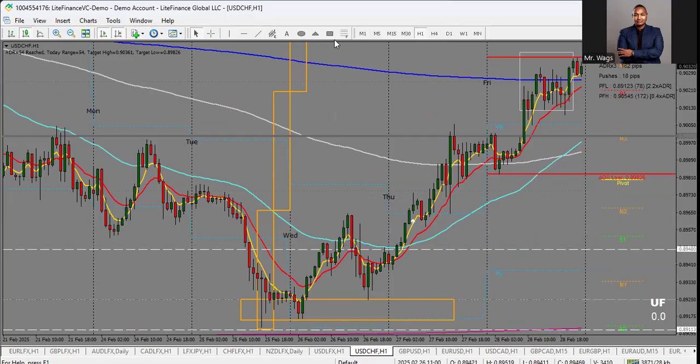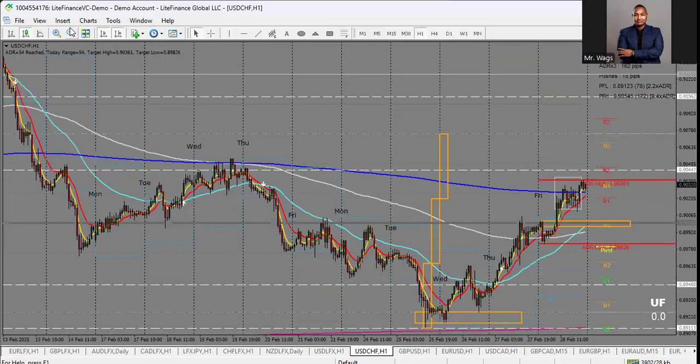Okay, so let us see where price might come to for a retracement and then continue up. So price might come to the large quarter point here. We had price breaking the large quarter point. We had the transition to this new large quarter, reaching the station zone.